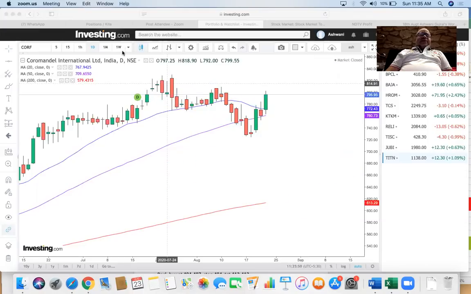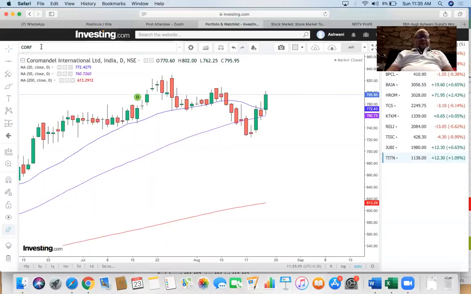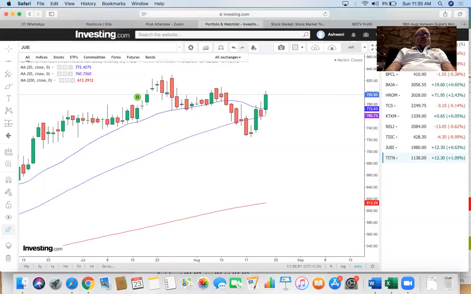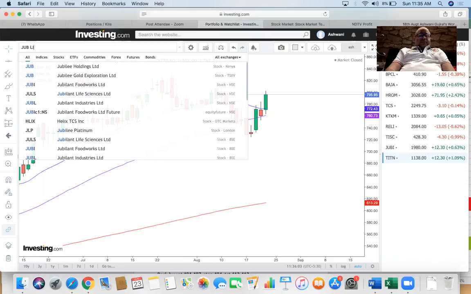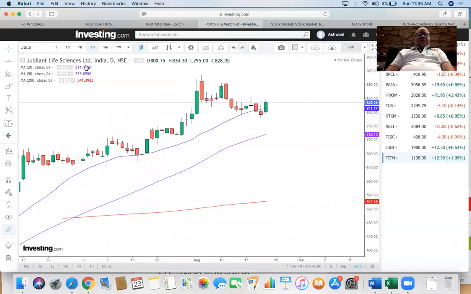Second recommendation is Jubilant Life. Now the pharma sector is doing very well. So that is the first thing in its favor.